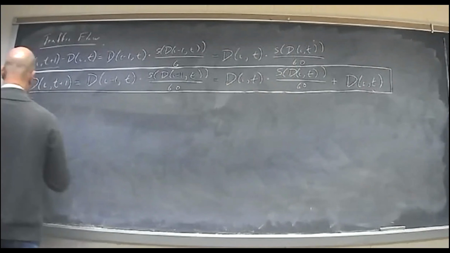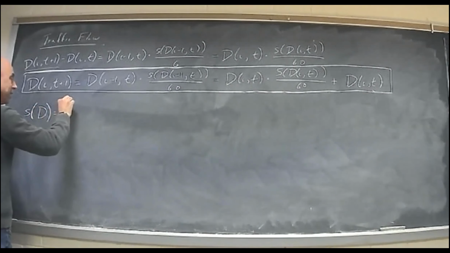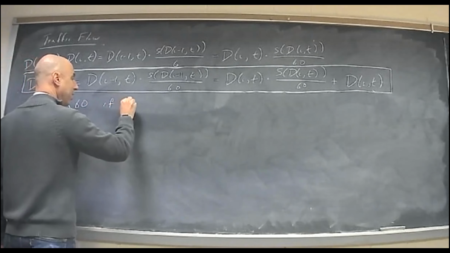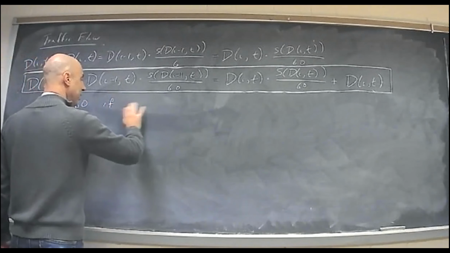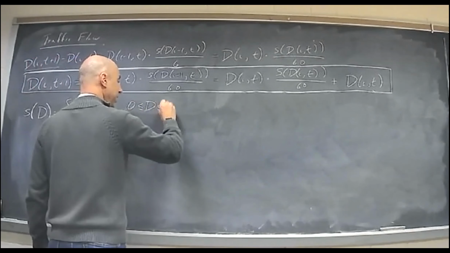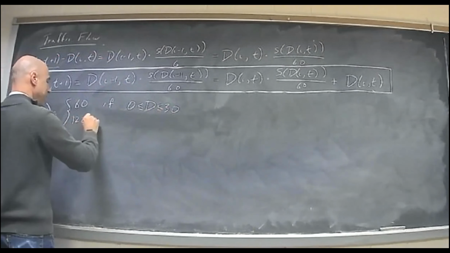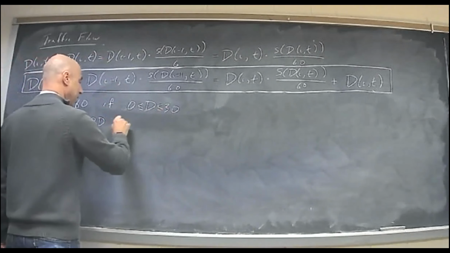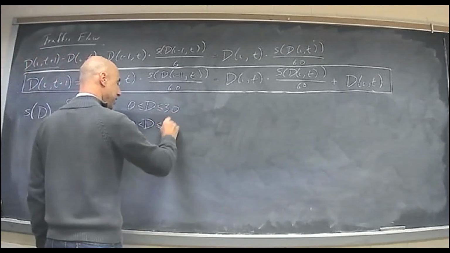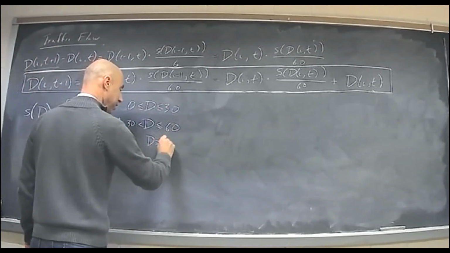So recall, S of d was 60 if d is between 0 and 30, it was equal to 120 minus 2d if d is between 30 and 60, and it was equal to 0 if d is greater than 60.